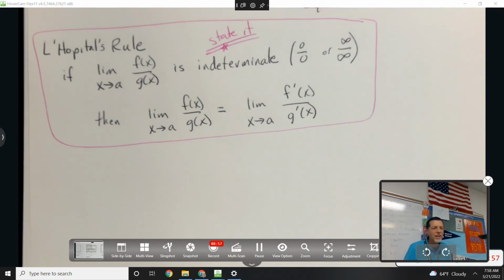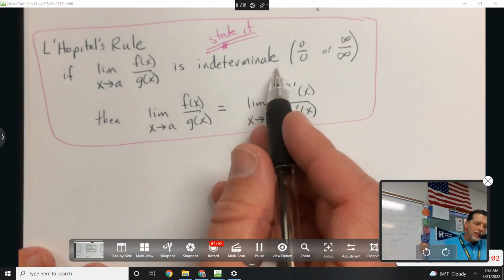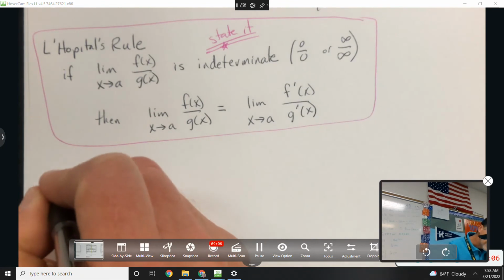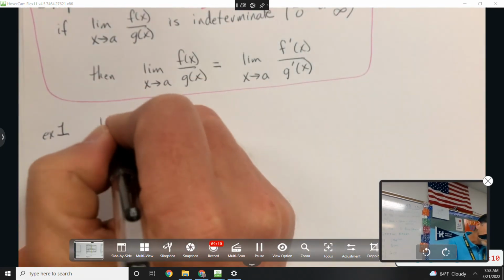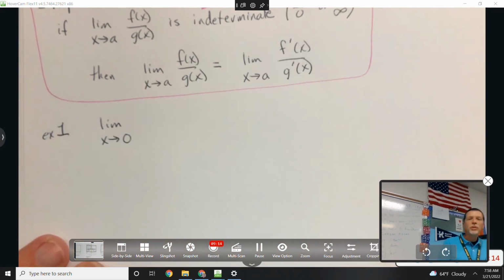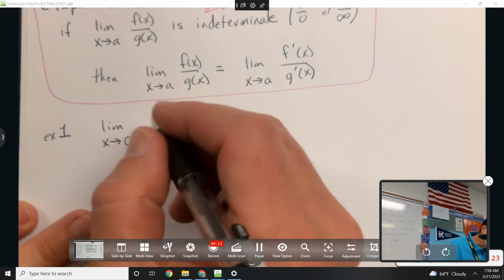That's fine, usually. But for L'Hopital, you've got to say it's indeterminate, therefore I'm going to use L'Hopital. I'll show you what that looks like as we do some examples. And I will be grading it that way on the test. There will be people who get the right answers, and I'll take off 2 or 3 points because they didn't use the right format, and they'll be mad at me, but this is your warning.